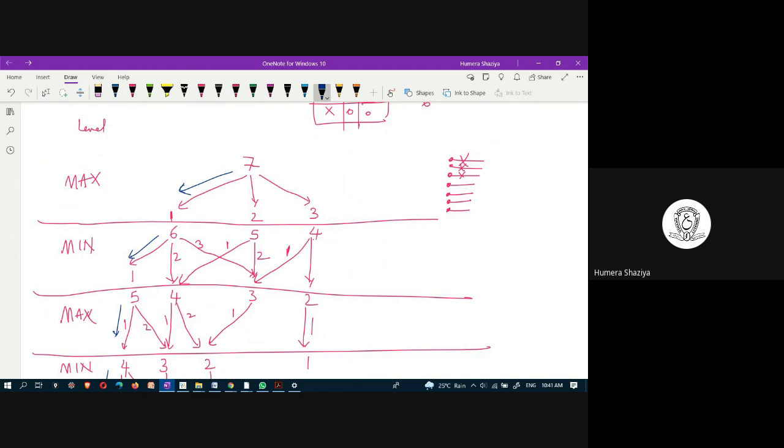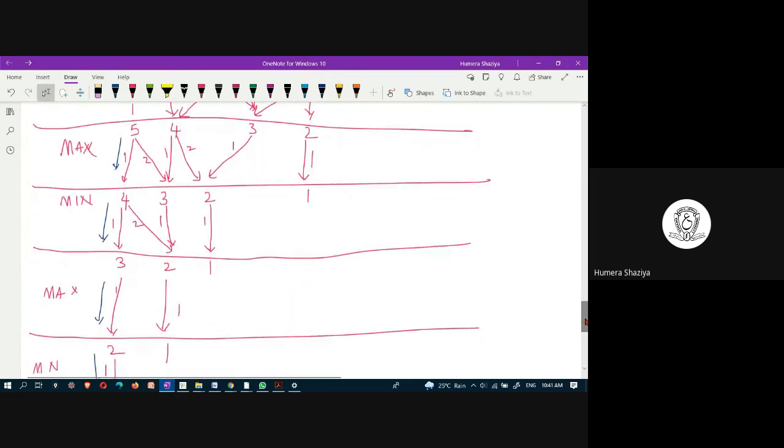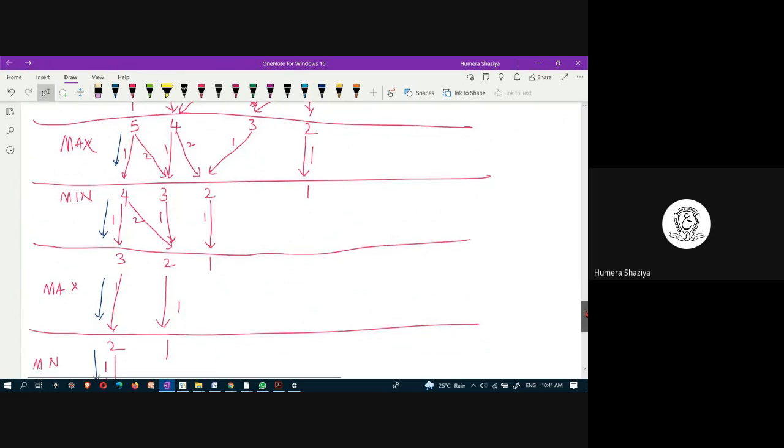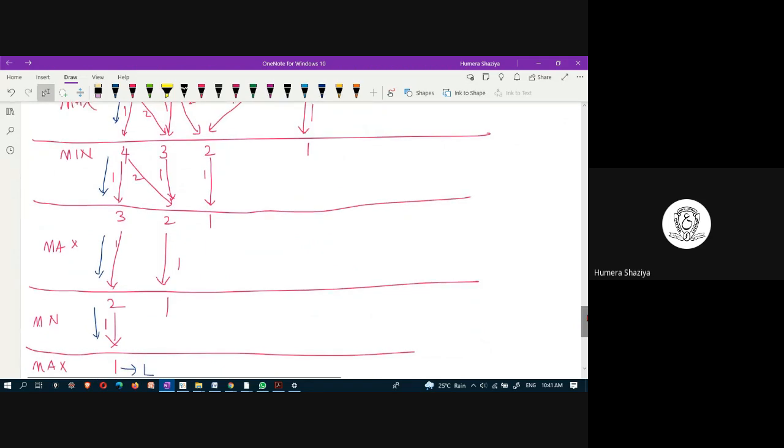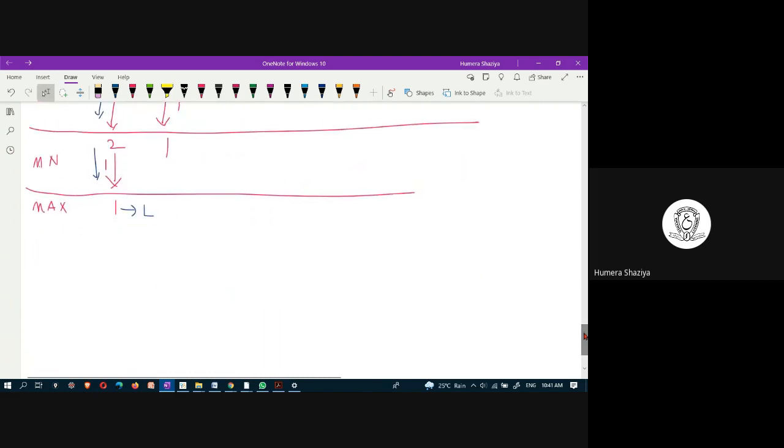Left over are 6. If Min also chooses 1, left over are 5. And if Max also chooses 1, like this, if on their turns they pick 1 alternately, it turns out that Max loses this game.